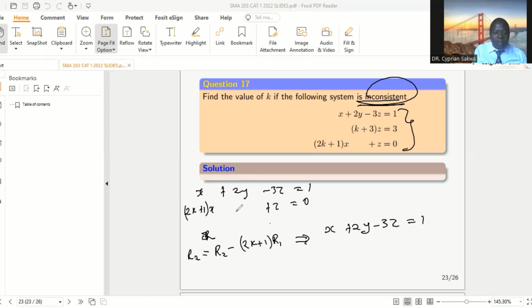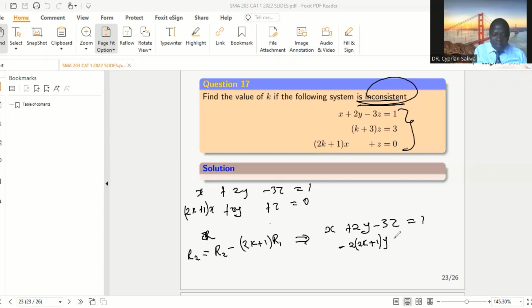And subtract from here. I will have 2 into 2k plus 1 y minus, because there is 0 y. So multiply this by 2k plus 1, subtract from this. This is what I would have.